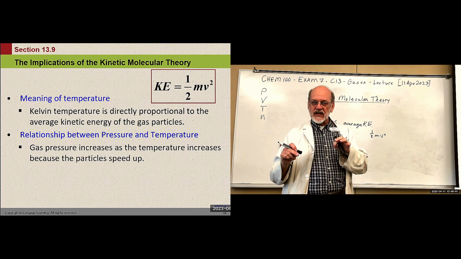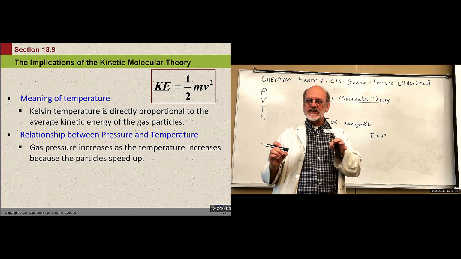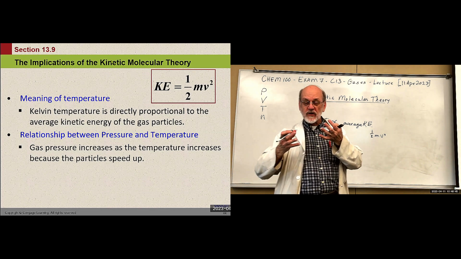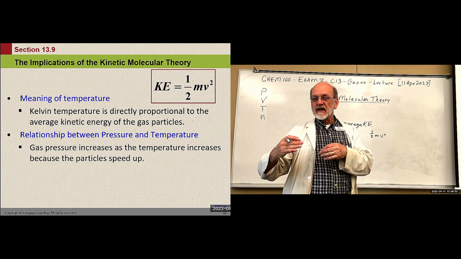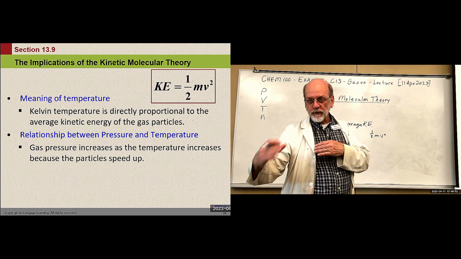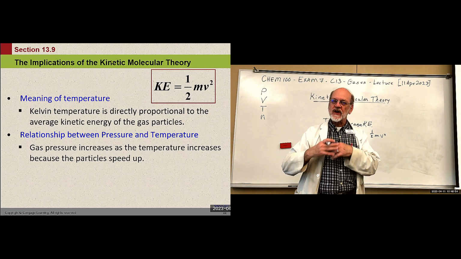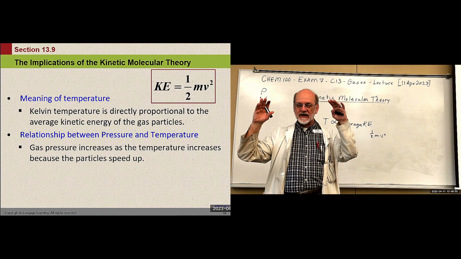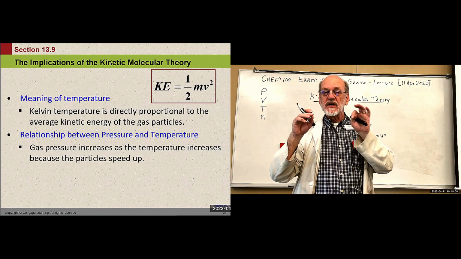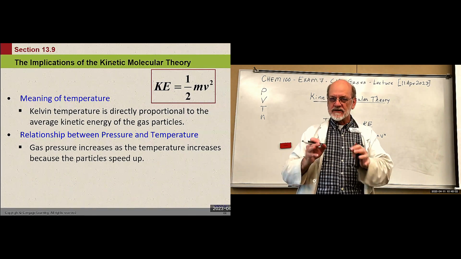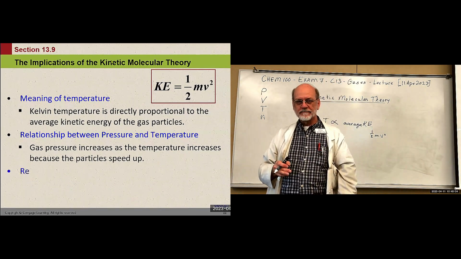The velocity changes. And when you change the velocity of the particles by increasing their temperature, you increase their kinetic energy. So when they strike something, they deliver more force, and more force is translated into increased pressure. That is part of the theory that explains pressure and temperature relationships.